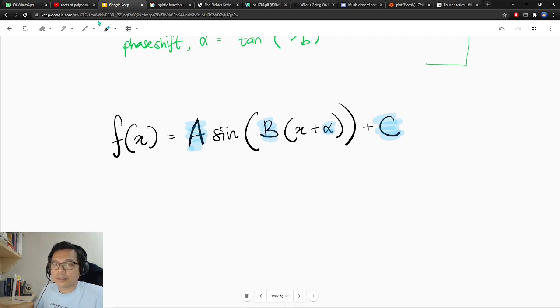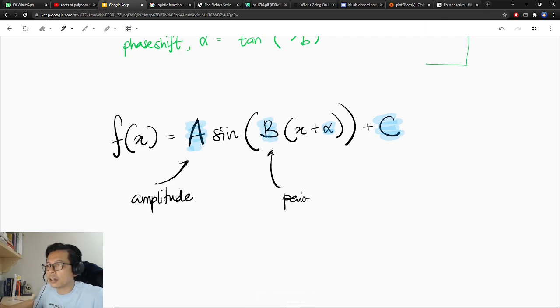So let's say this is what we call the amplitude of the trigonometric function, and B here dictates the period, where the period in this case is equivalent to 2 pi over B. So this is A, and alpha there is what we call phase shift.